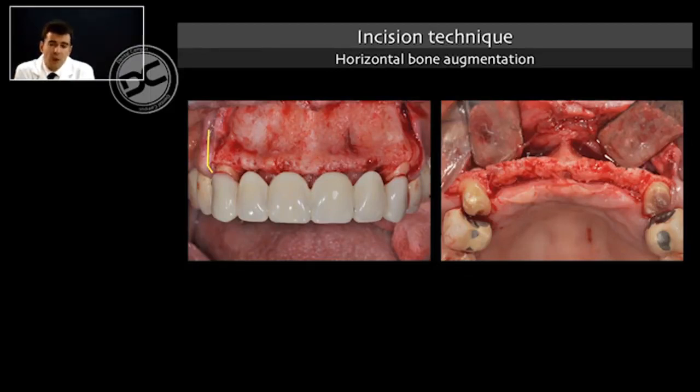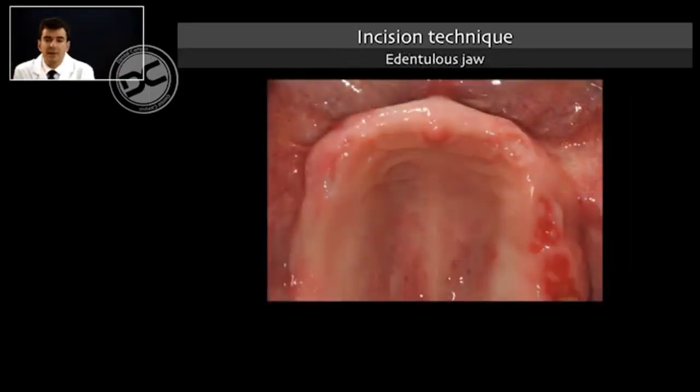When placing implants in edentulous jaws, as in this example, this edentulous maxilla, where a fixed implant-supported reconstruction was planned on implants placed in the canine, premolar or molar region, and a slight horizontal augmentation to correct the deficient buccal contour of the ridge in the anterior region, we place the ridge incision in order to have a sufficient amount of keratinized mucosa in the buccal aspect, and we place 2 release incisions distal to the planned molar implantation site.